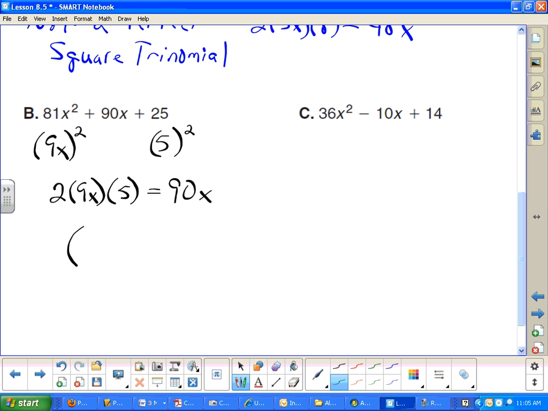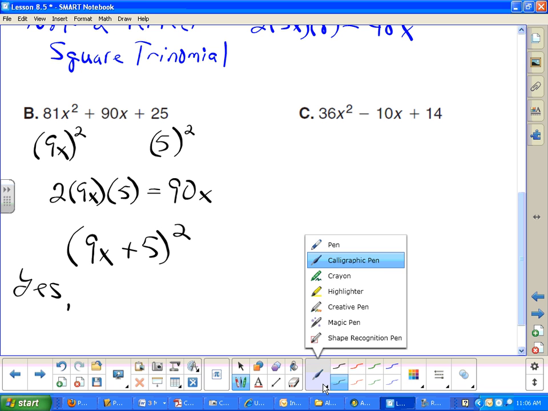So I'm going to factor it. And what two numbers go in my factor? 9x and 5. So the answer is yes, it is.